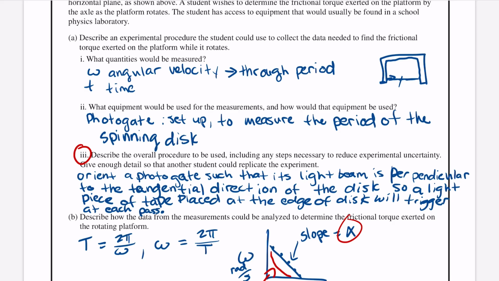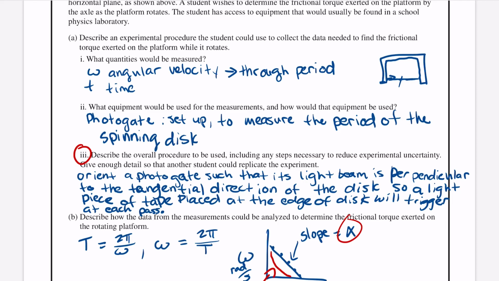Also, you could make a statement about your markers suggesting that you're going to make sure that it might be rigid in some way, and that it will allow for the marker to actually trigger the photo gate every single time it passes. A simple statement suggesting that you're going to take extra caution in setting up your procedure is usually all that's needed in order to get the point for minimizing experimental uncertainty.